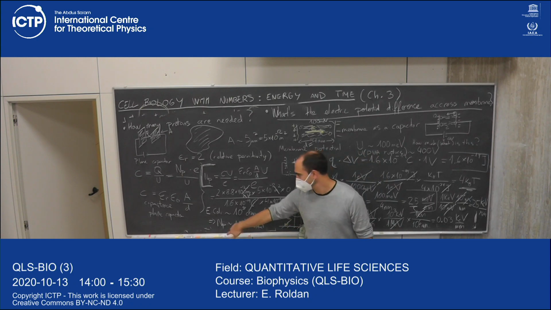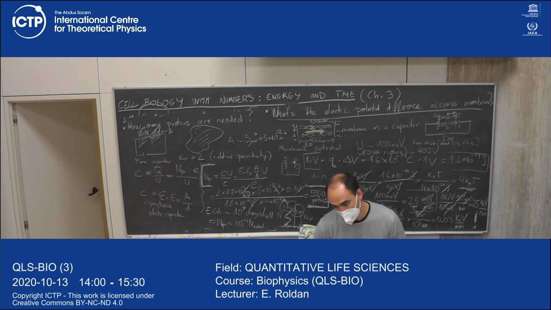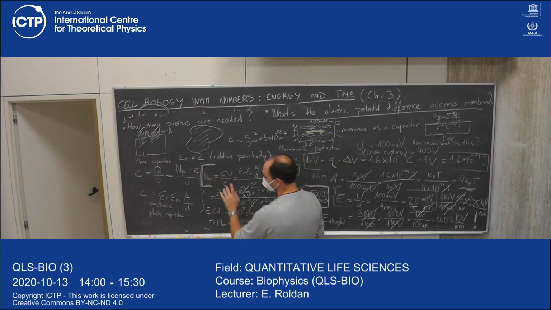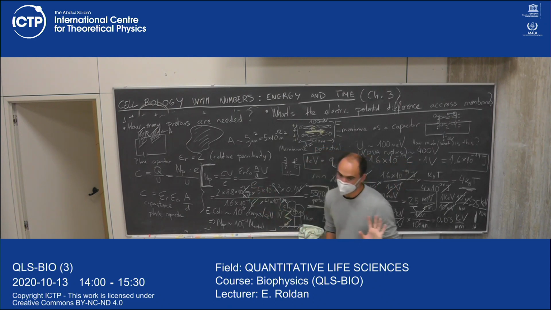If I want to be precise, I do the exact calculation. And the number of protons here means the number of ions? Well, the number of protons, because here I said each proton has a charge e. If I would say, okay, I want to build a membrane only with sodium, the sodium has a different charge. And then I put something else here.